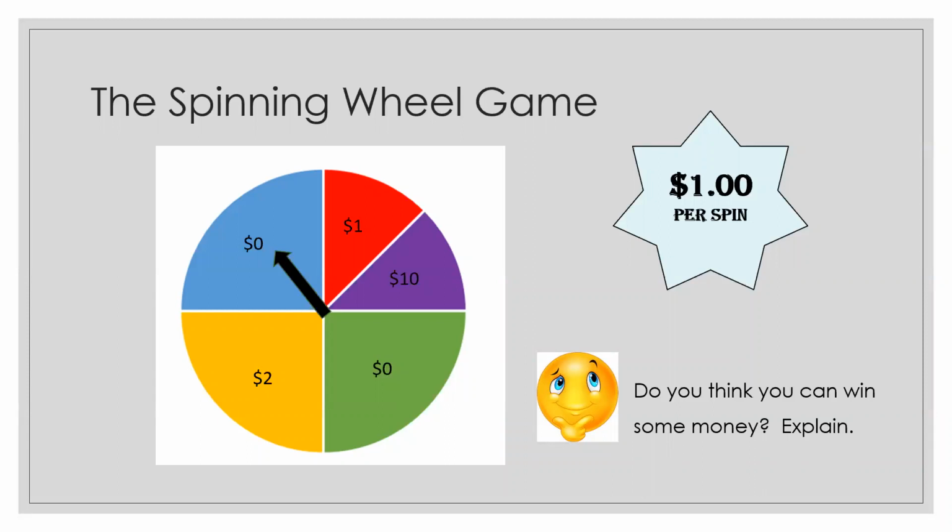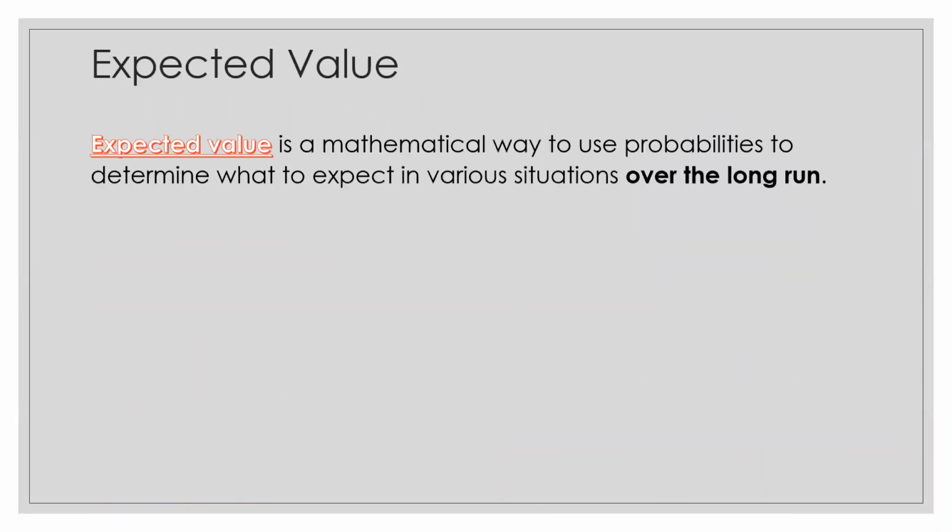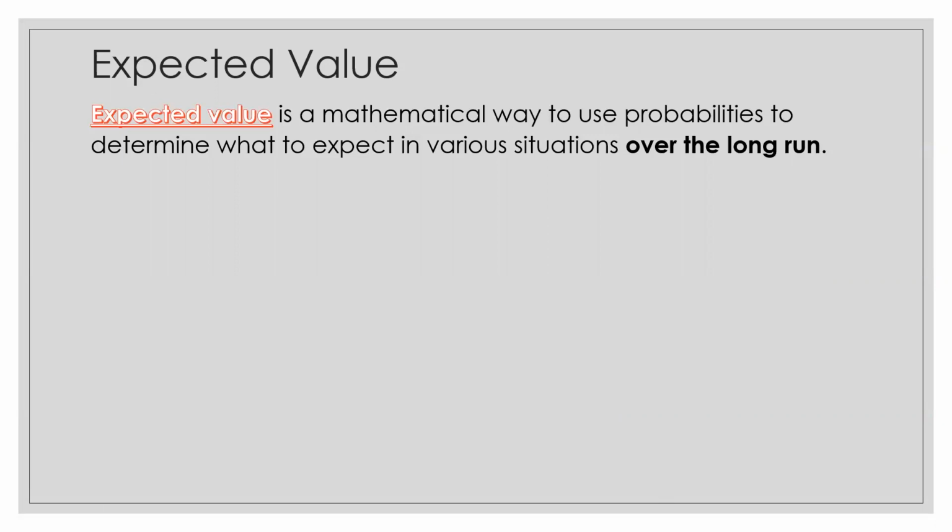All of these thoughts are related to the concept of what we call expected value. Expected value is a mathematical way to use probability to determine what to expect in certain situations over the long run. Now, the keyword is over the long run.